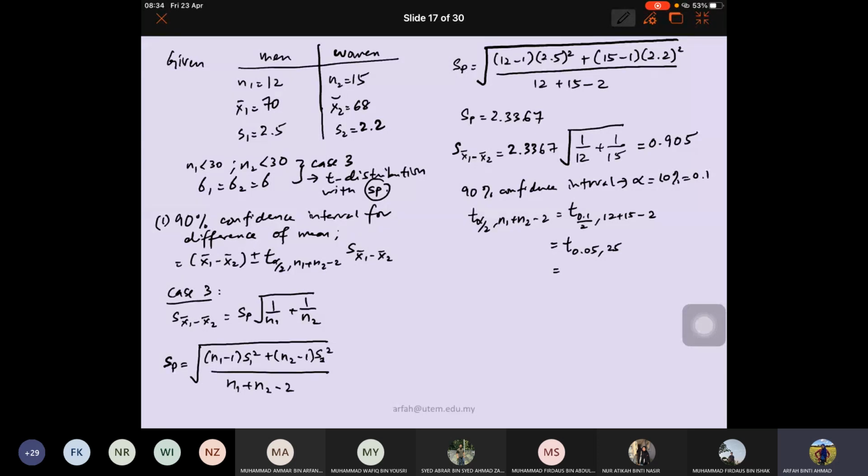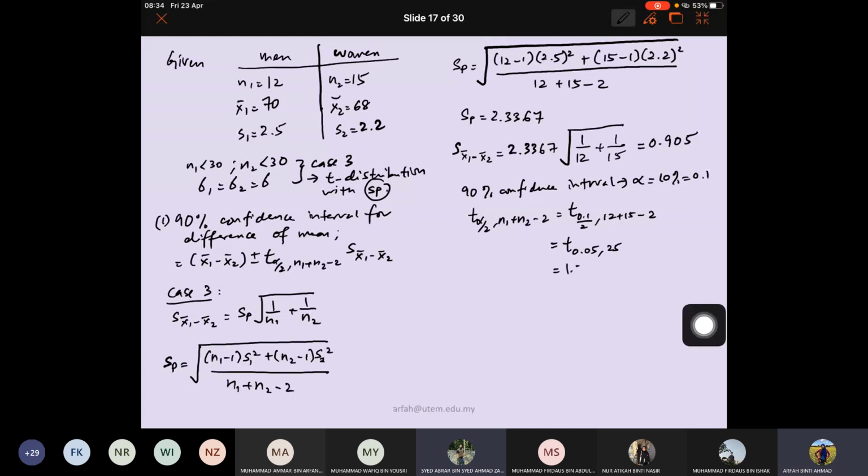What will be the value for this one? Ada yang dapat? 1.708.